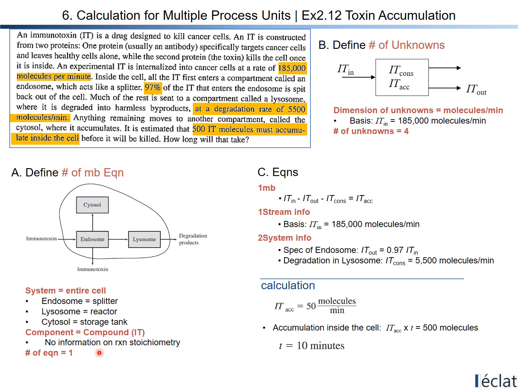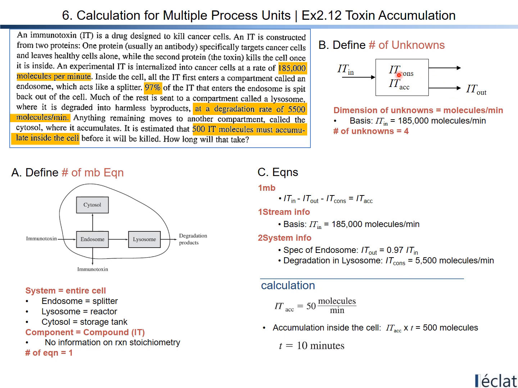And then let's go to step B. Define the number of unknowns, and I will follow my method instead of the textbook method in this example. IT in and IT out.